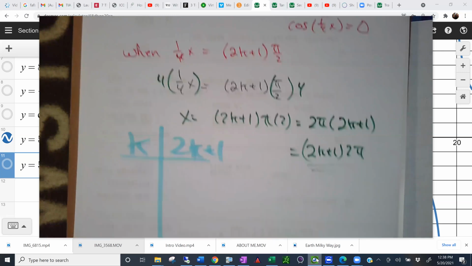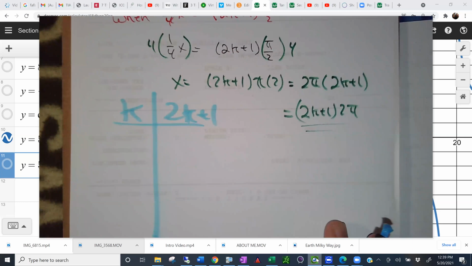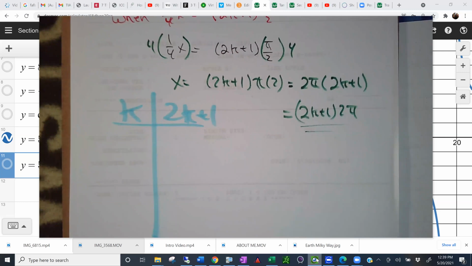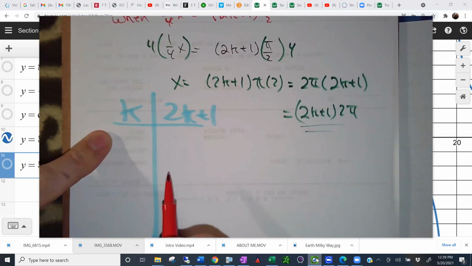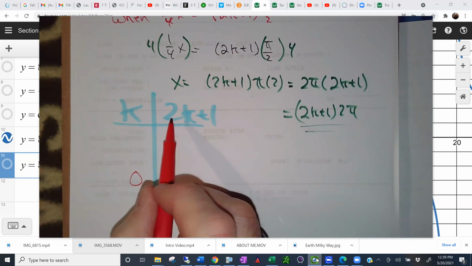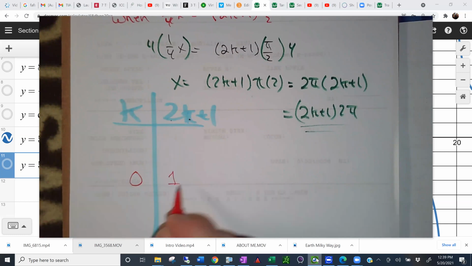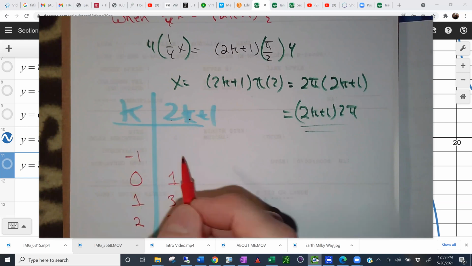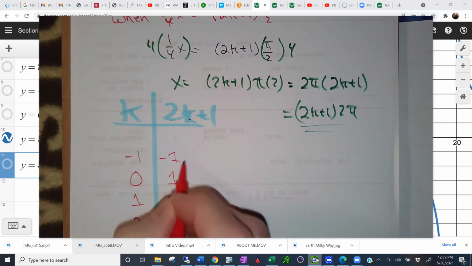Just to go through these and understand what's going on here. So if we let k equal 0, 2 times k plus 1 is 1. If k equals 1, 2 times 1 plus 1 is 3. Or 5. Or -1. Or -3.